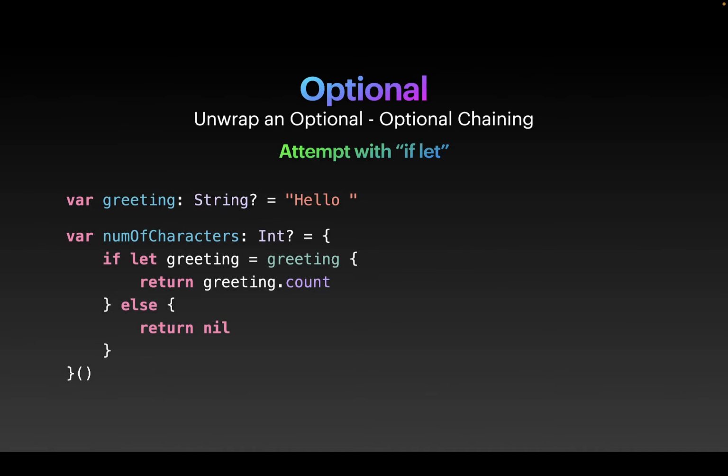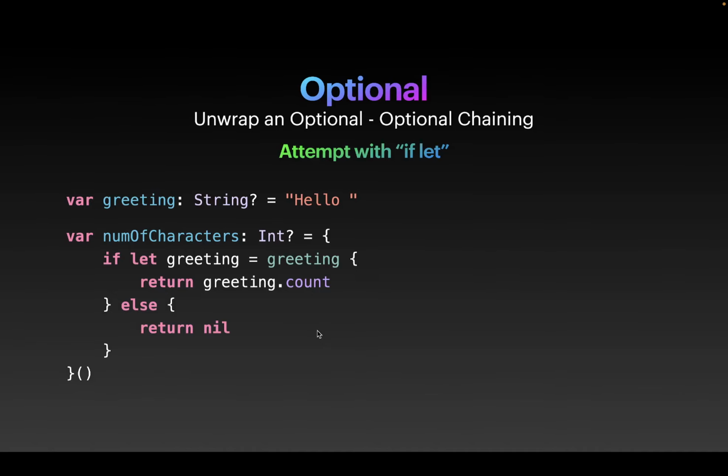Well, we can again do an if let. Just to mention, do you still recall this syntax here? This is called a closure initializer. Essentially it just runs some code and uses the data returned from that code to assign to the variable, which in this case is number of characters.